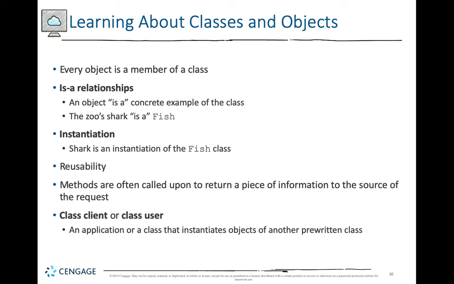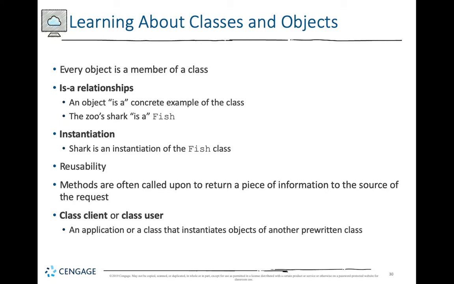So here's the key. Every object is a member of a class. An object is a concrete example of a class. Chris is a concrete example of a human, right? He is one version of humanity.